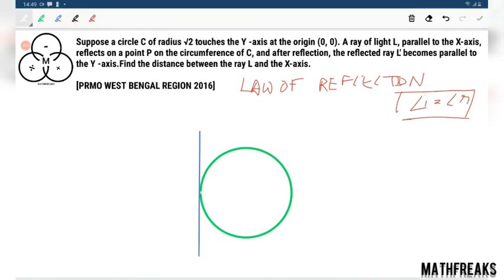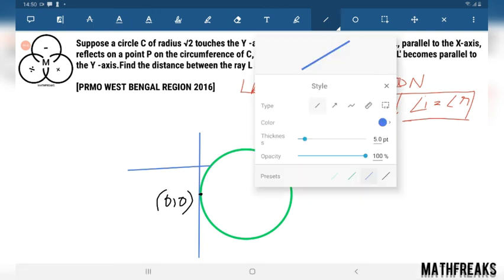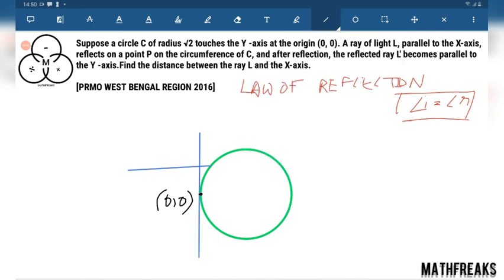This point of contact is 0, 0. A ray of light L parallel to the x-axis strikes it and becomes parallel to the y-axis.